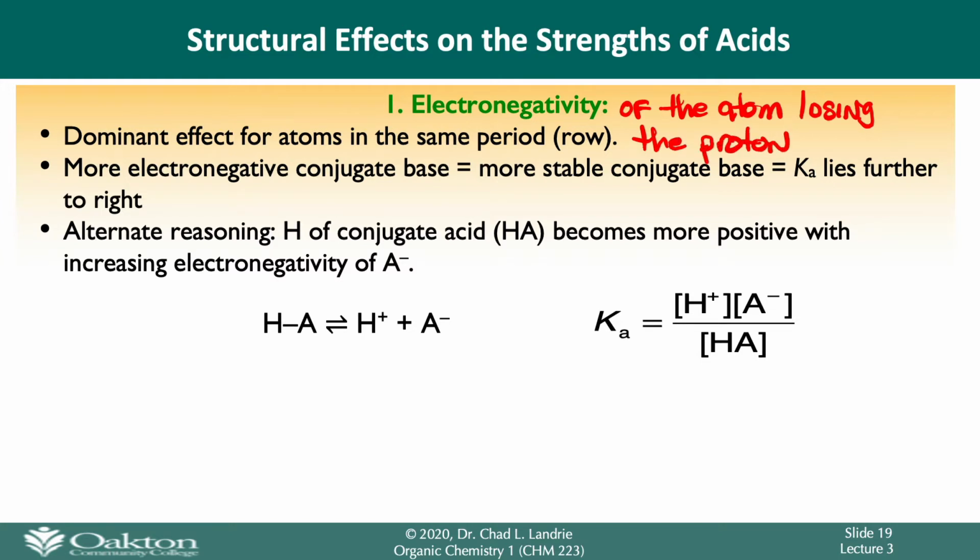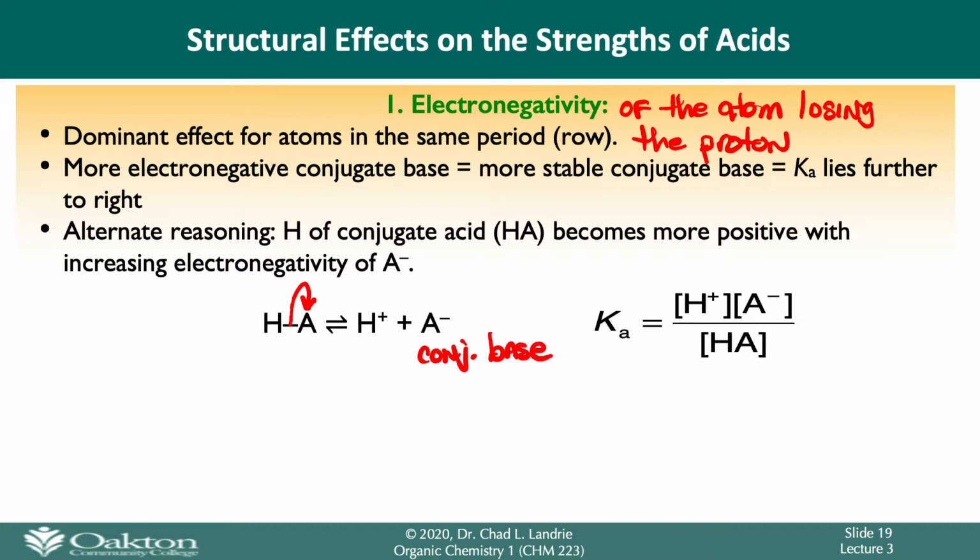So on the bottom here, we see a very general equation. HA represents an acid, and it's dissociating. In other words, the bond is just breaking towards the more electronegative atom into a proton and some conjugate base, A-. So this is very general. I'm not telling you what A is.